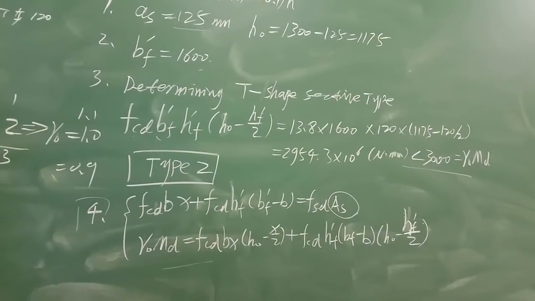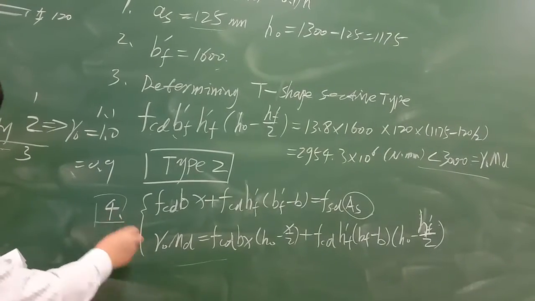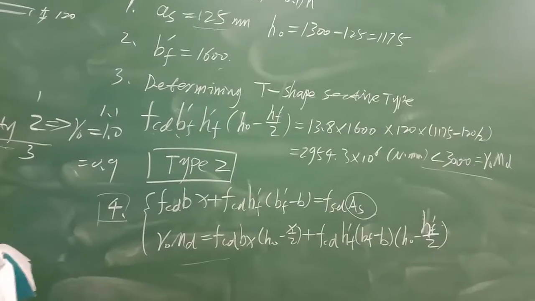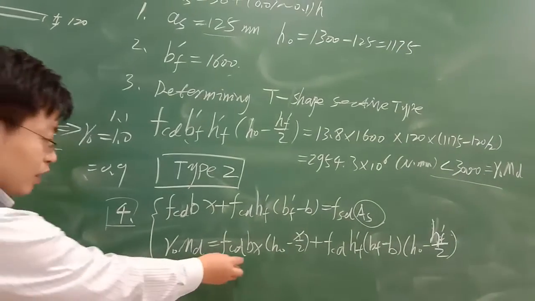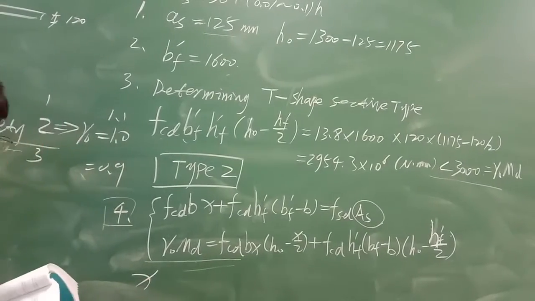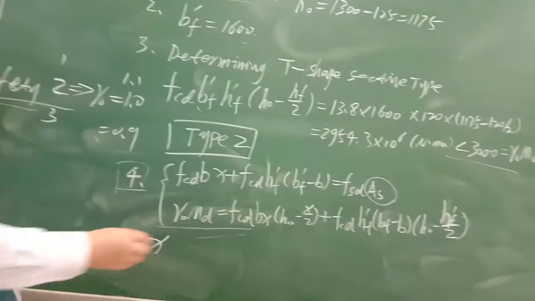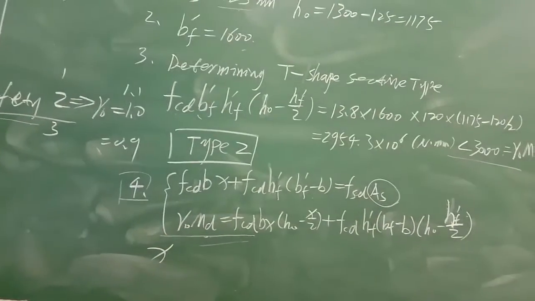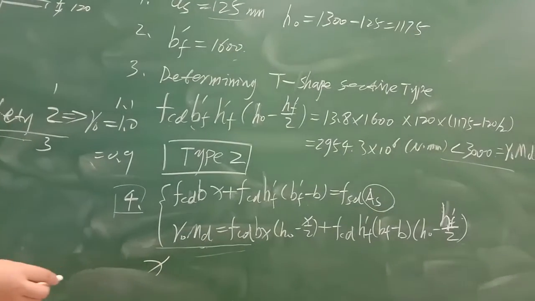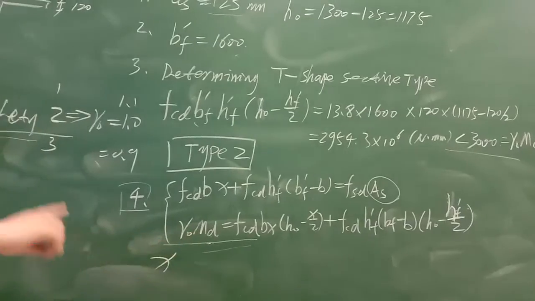So for step 4, which equation do we need to calculate AS? First, we need to calculate x. Once we get x, then we can get AS. So we use this second equation to calculate x, because in this equation there's no AS, so we can directly use it to get x.